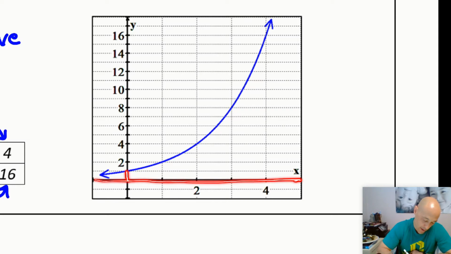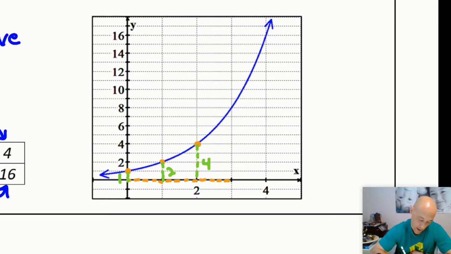And in the graph, what we're looking at is the distance from the x-axis to points on the graph. So here, from this point to that point right there, we go to the right 1 unit, and this distance is 1, and this distance is 2. Then we go to the right 1 unit, and this distance is 4.